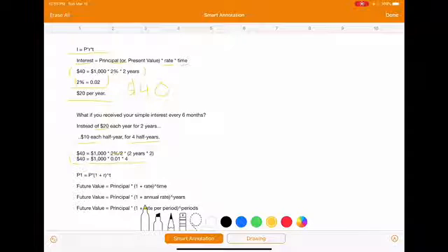And if each period is 1/12 of a year, you're going to have to divide the rate by 12 so that it accurately represents your annual rate over a period shorter than a year. And then, of course, you multiply the periods by 12 because there will be 12 of them for every year.